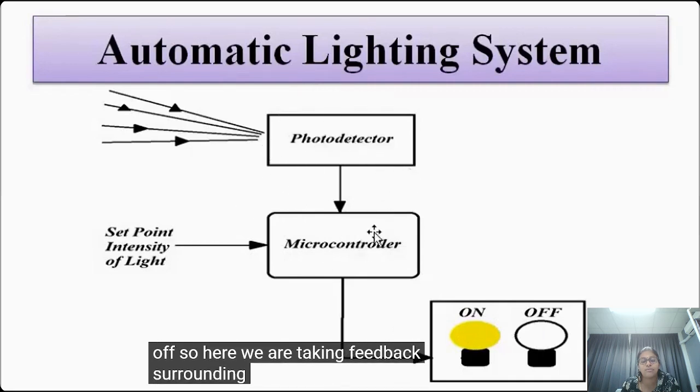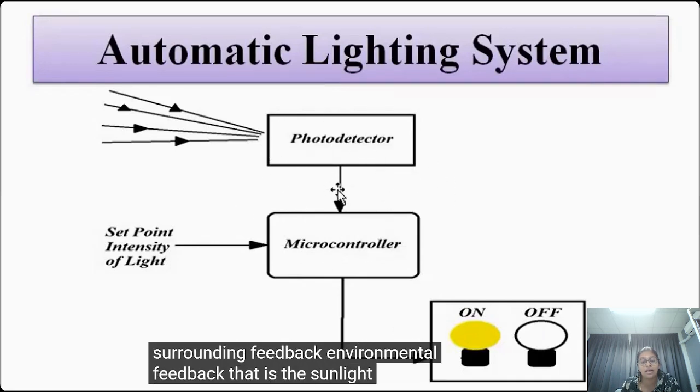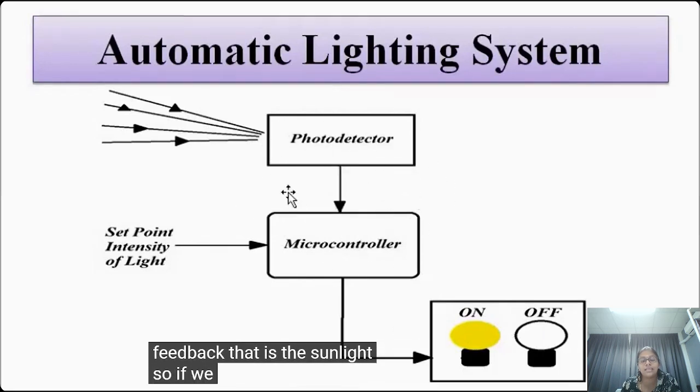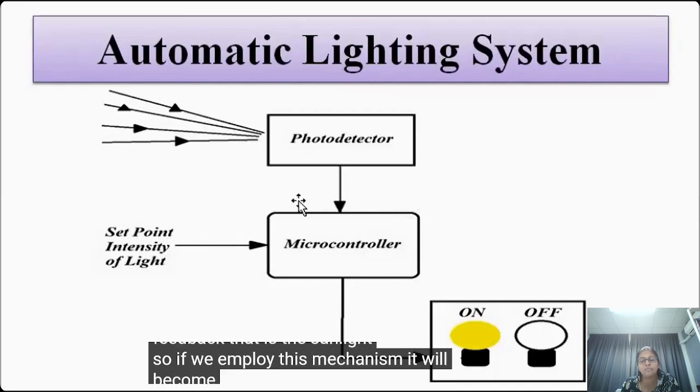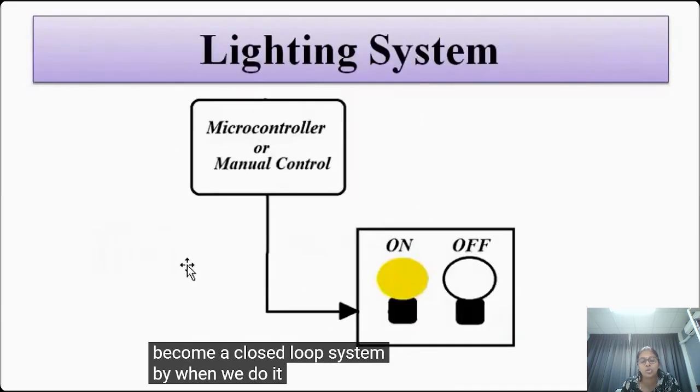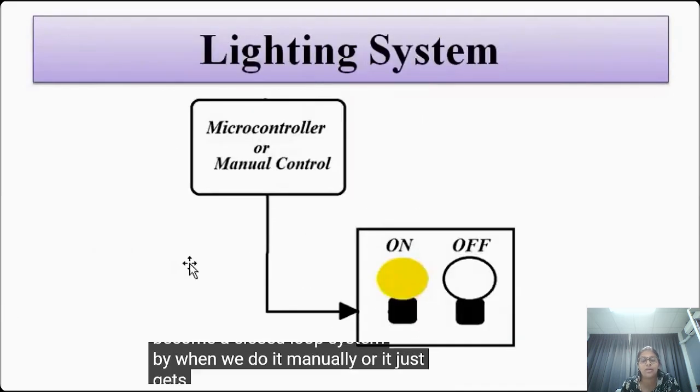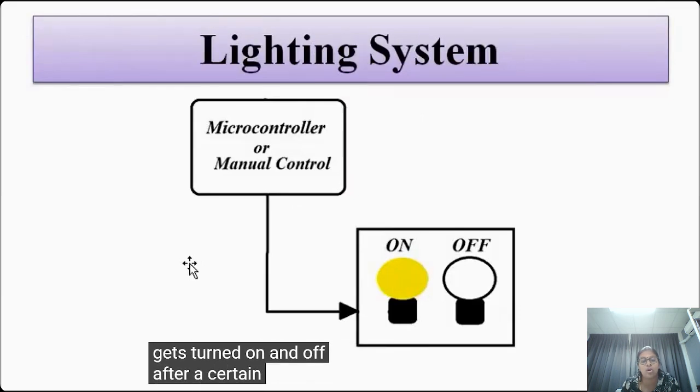Here we are taking environmental feedback, that is the sunlight. If we employ this mechanism, it becomes a closed loop system. But when we do it manually, or it just turns on or off after a certain period of time, it becomes an open loop system.